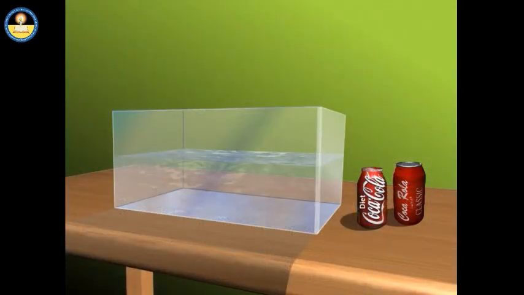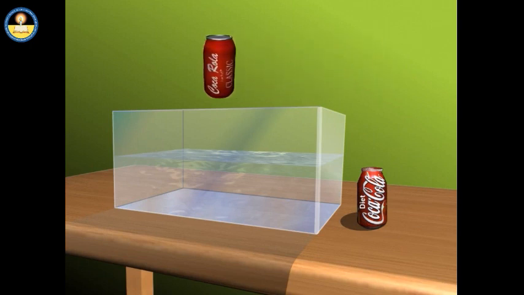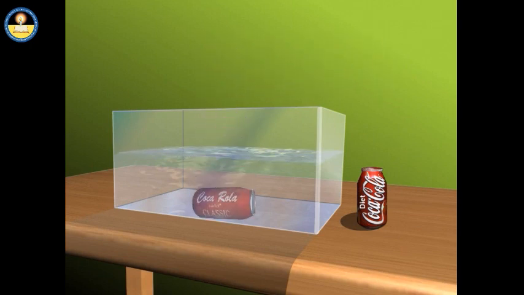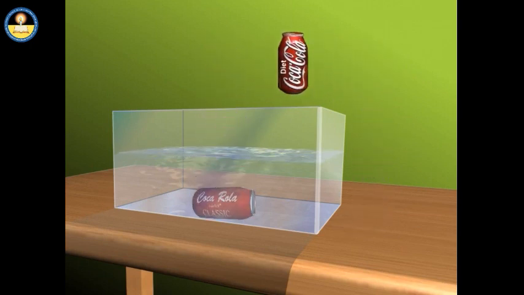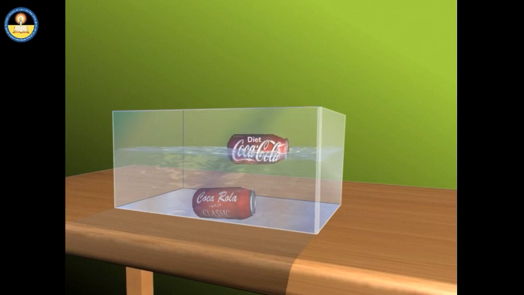Let us see an interesting activity. A can of normal Coke sinks in water, but a can of Diet Coke floats. Because the density of normal Coke is more, while that of Diet Coke is less than the water.